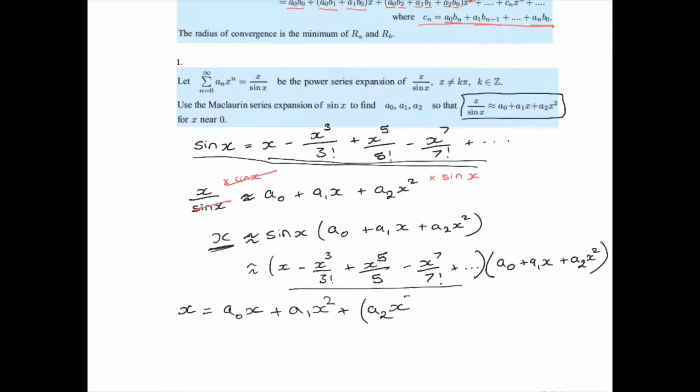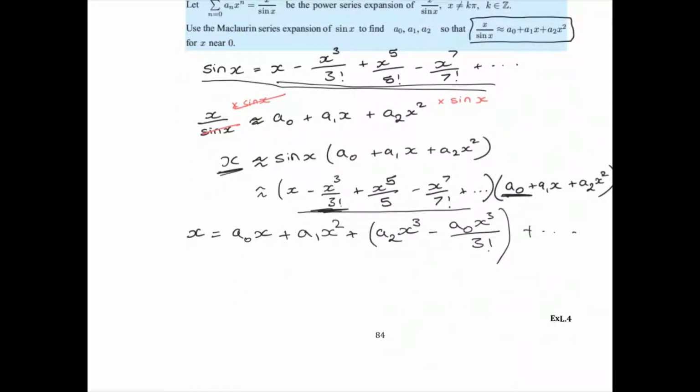I might write it out like this for now. What other way could we get x cubed? It's this one times this one, which is minus a0 x cubed on 3 factorial. Is there any other way? I don't think so either. I don't care about any terms bigger than that, so I'll just go plus... and then take the x cubed out.